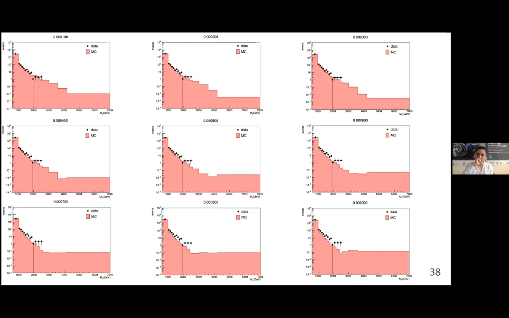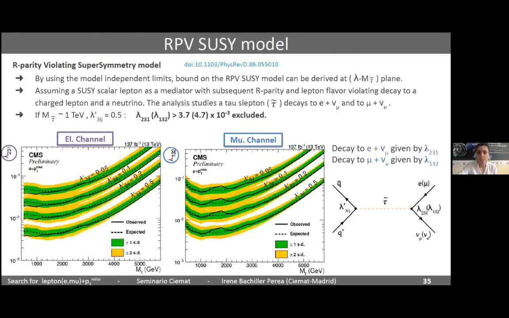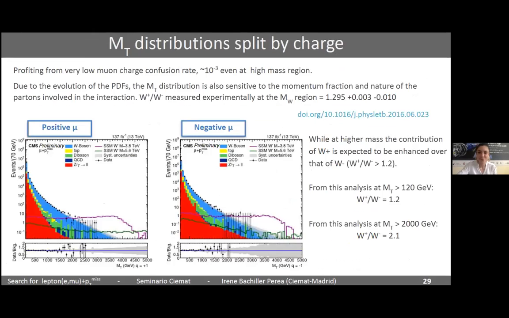And the other question I had is on the positive and negative distributions. I mean, there are a few events there in the negative muons in the tail. I think that was slide 29.